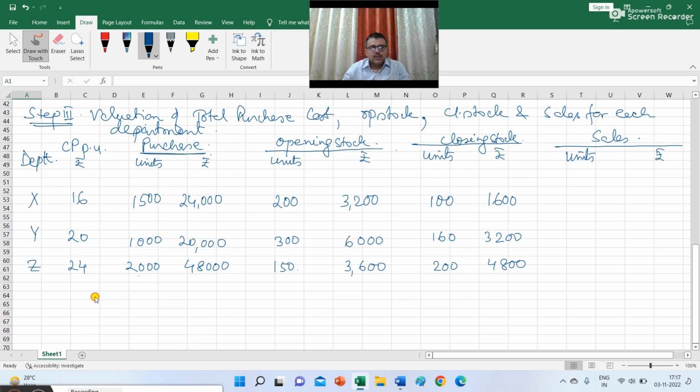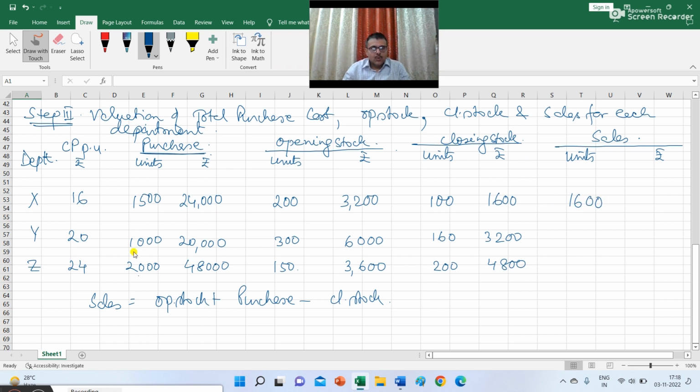How to find out the sales units? Sales unit is equal to opening stock in units plus purchase minus the closing stock. So 200 plus 1500 minus 100 is 1600.